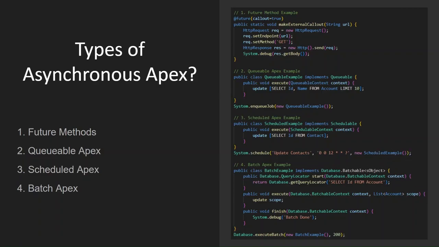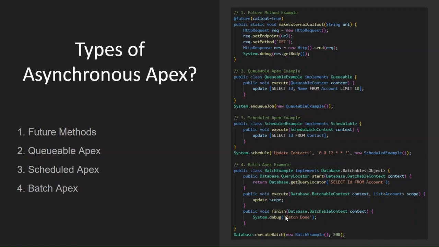Then we have this batch Apex class. So we have this Apex class BatchExample, which is implementing Database.Batchable, and it has three methods in the interface. First one is start, where we create the data or fetch the data from our org. Then we have this execute, where we implement any logic.